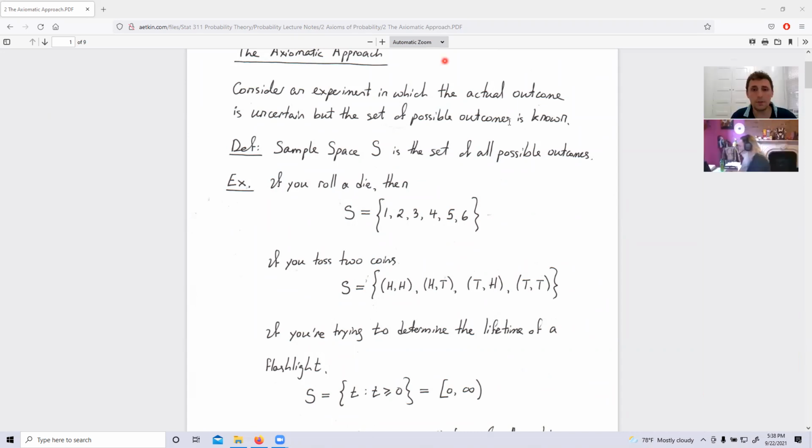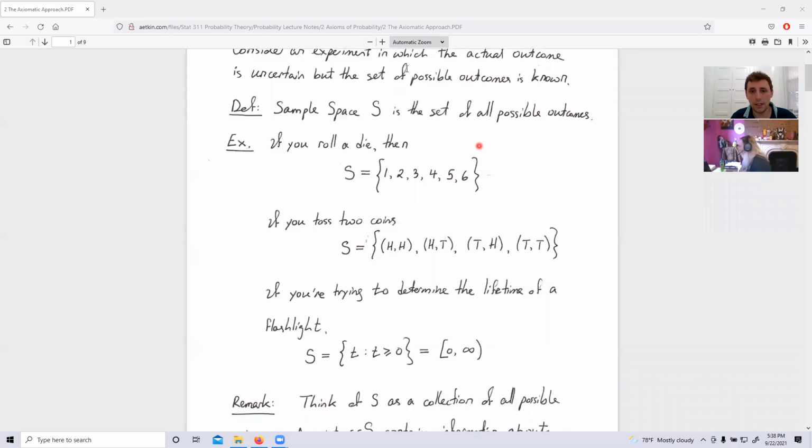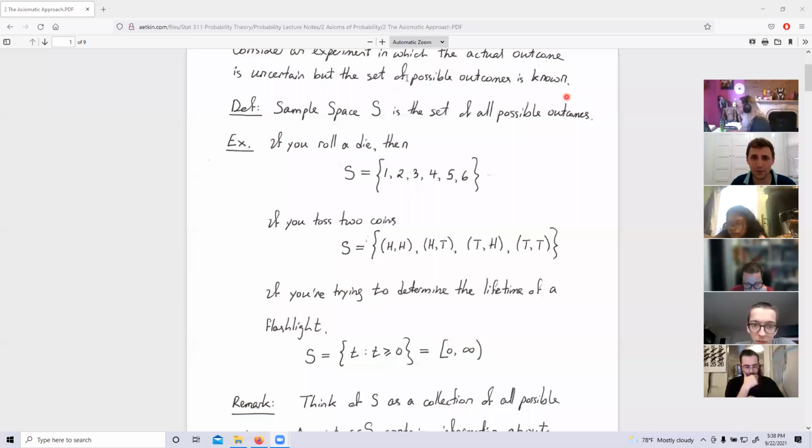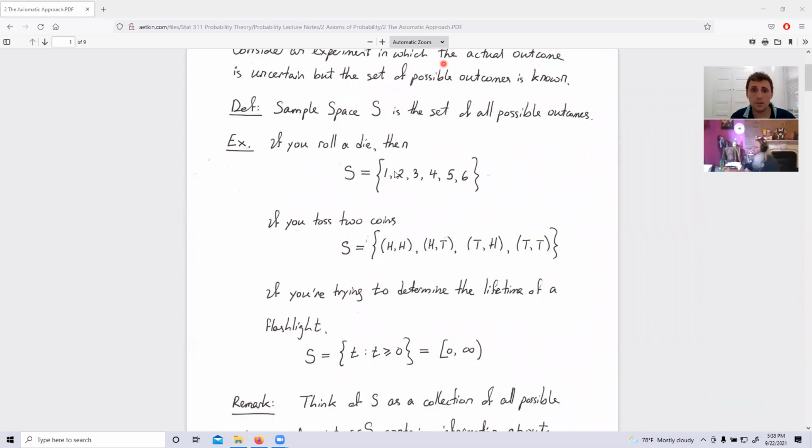To make it simple, when you roll a die, we're going to make it more substantial later. But for now, we imagine that the universe consists of the die showing either the number 1, 2, 3, 4, 5, 6. So that's the collection of universes.